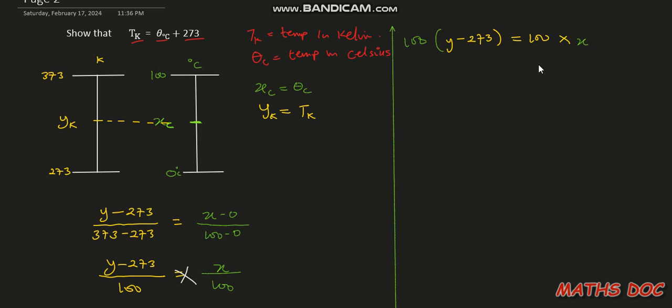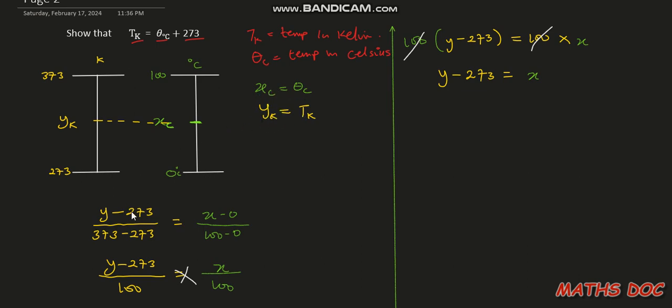I do not need to take this division out because this 100 cancels out that 100. So we have Y minus 273 equal to the other part, which is X. From here I will have to fix in the values that I had before.